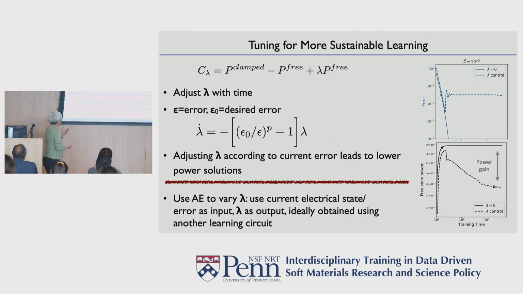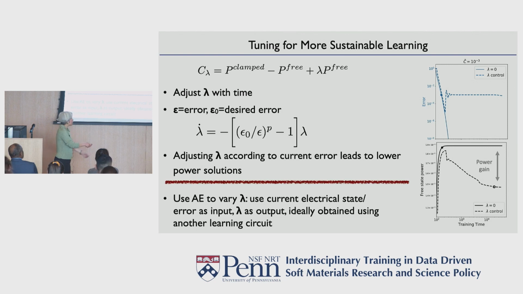But the idea is, wouldn't it be cool if we used automatic experimentation to vary lambda? In other words, we could use information about the current electrical state and error, feed those in as inputs, and the output is the new lambda that we want to change to in the next state.